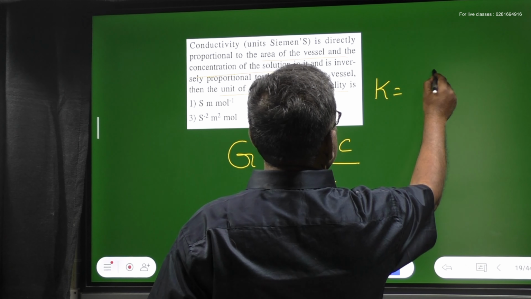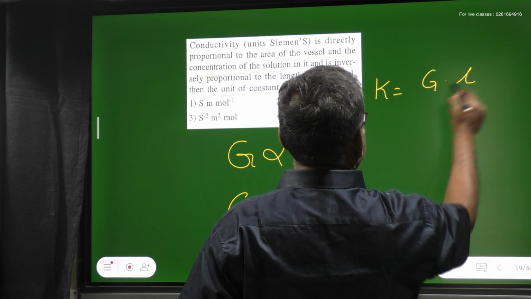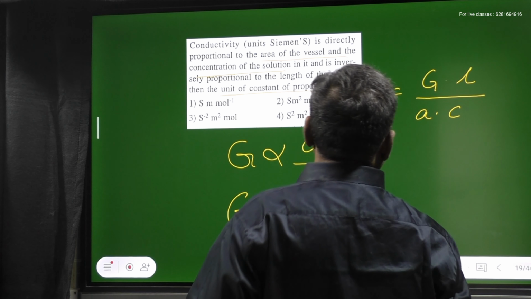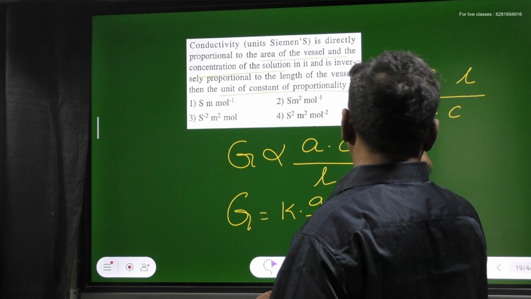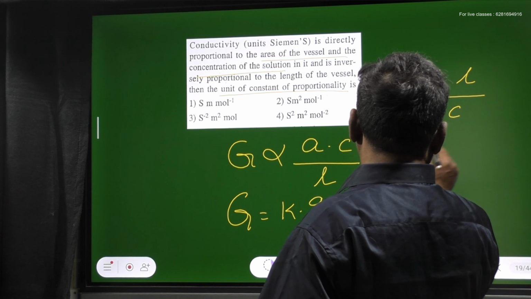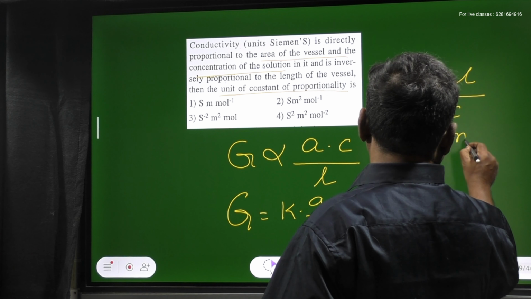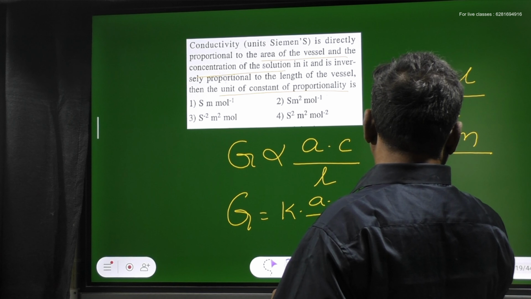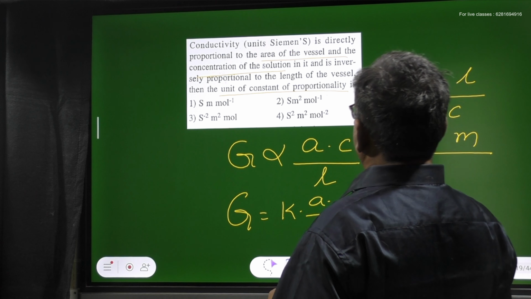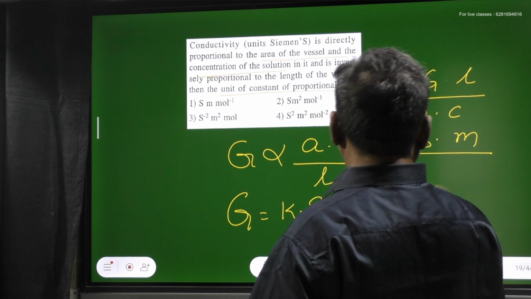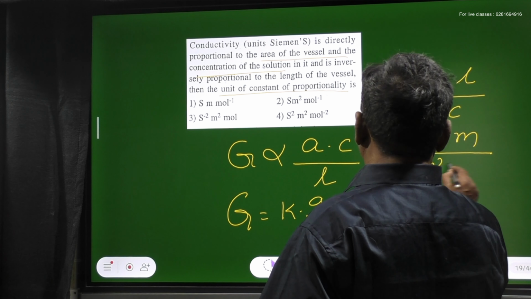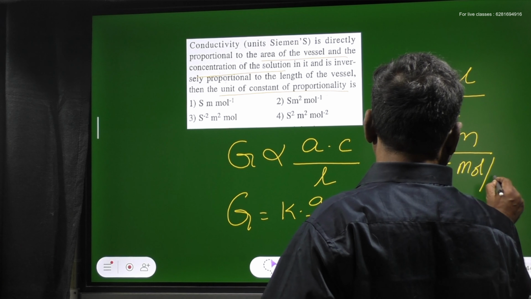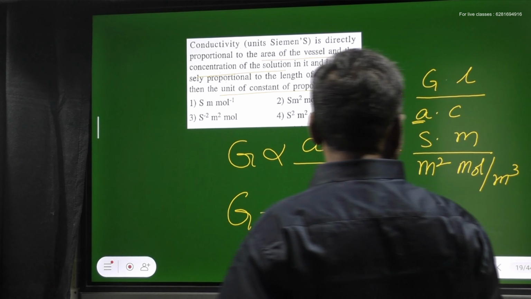K is equal to G into L by A into C. Conductance is measured in Siemens, length is measured in meters, cross area is measured in meter square, and concentration in moles per cubic meter.